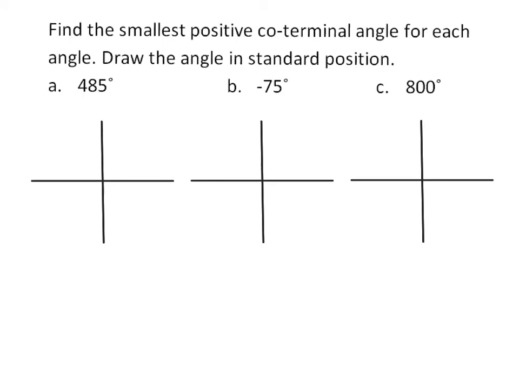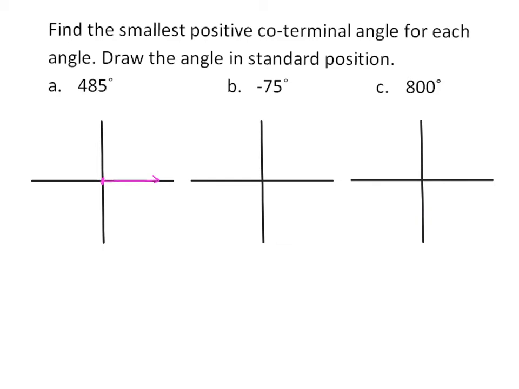Okay, so for these examples, we want to find the smallest positive, so no negative values here, the smallest positive coterminal angle for each angle that's shown. We're going to draw the angle in standard position. So if you think about a 485-degree angle, what that is an angle with its initial side on the x-axis here.